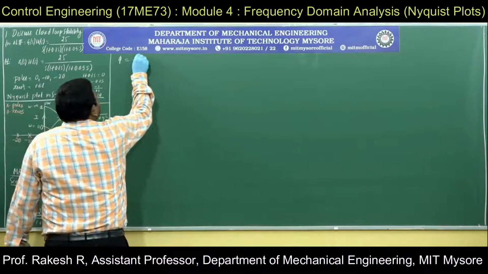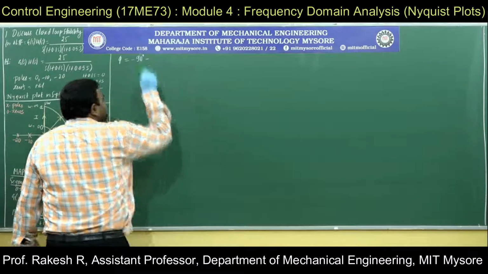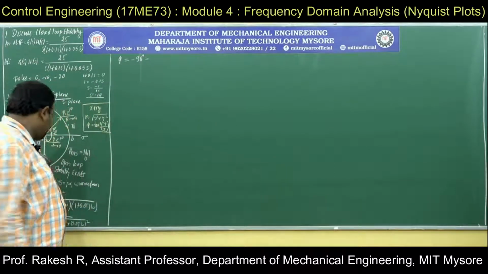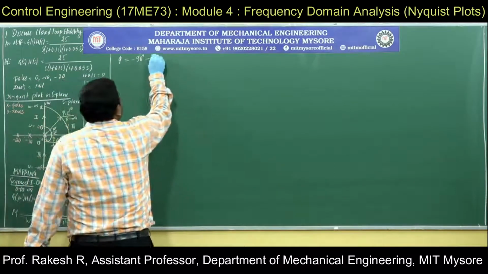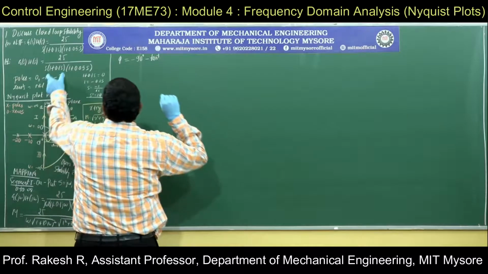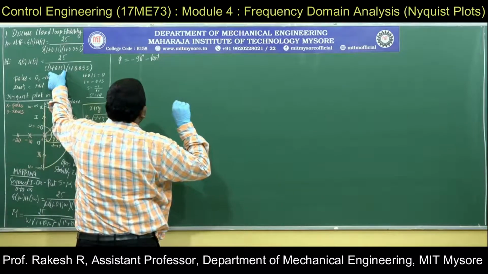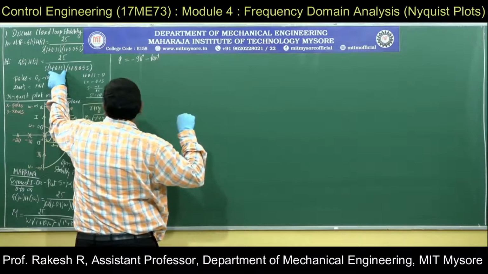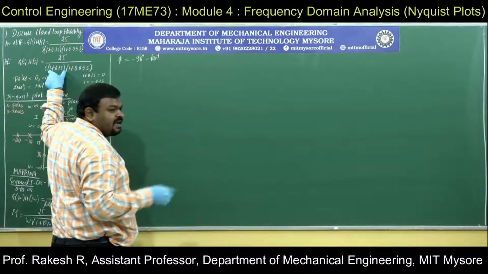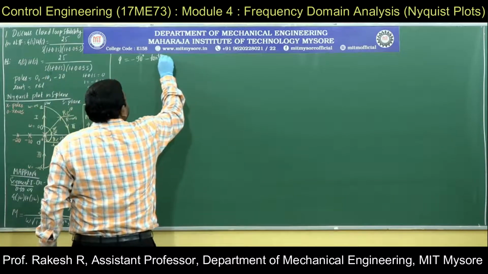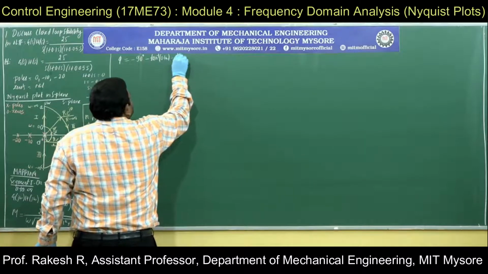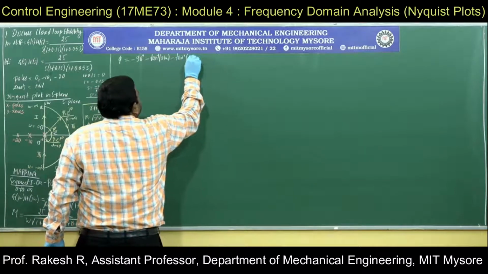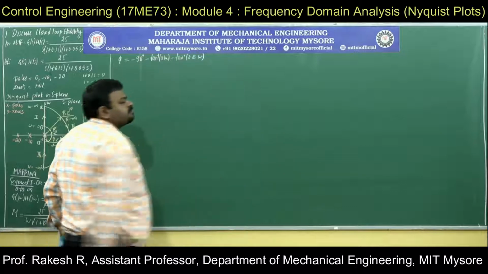Since it is in the denominator, I take it to the numerator as minus 90 degrees, then minus tan inverse of 0.1 omega, and minus tan inverse of 0.05 omega.